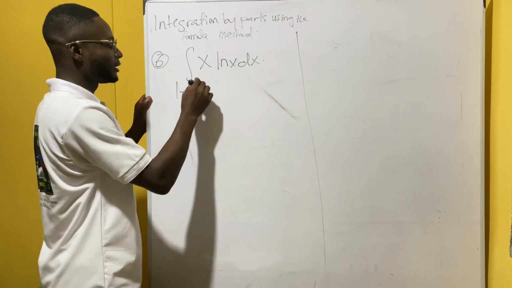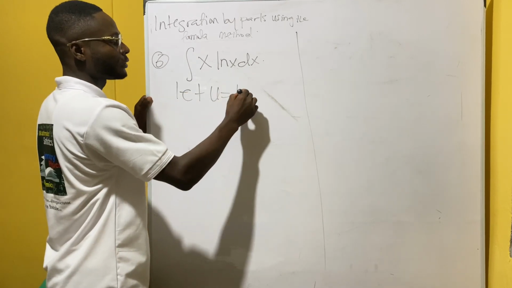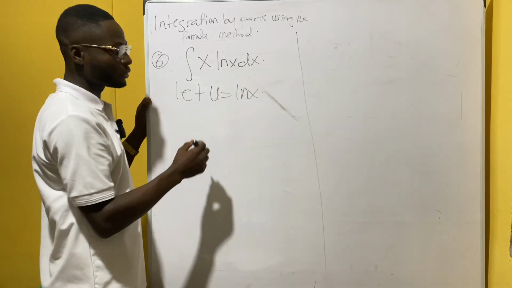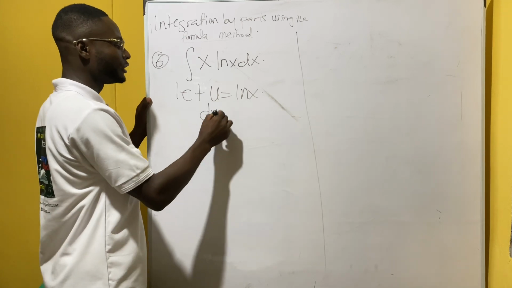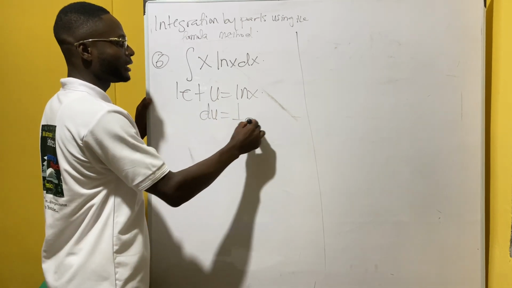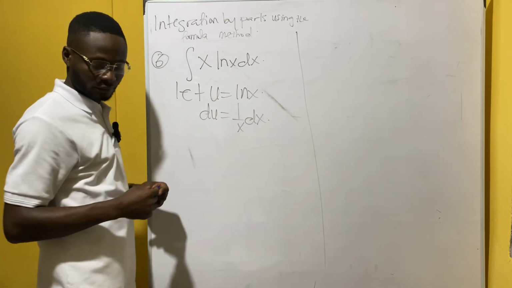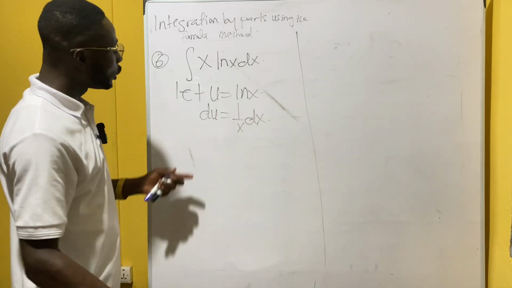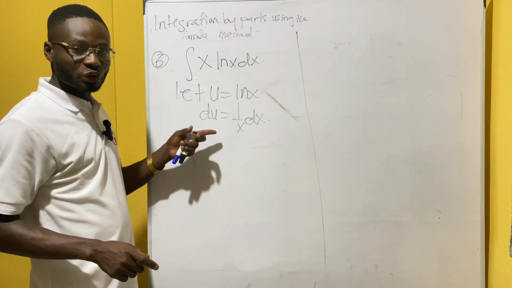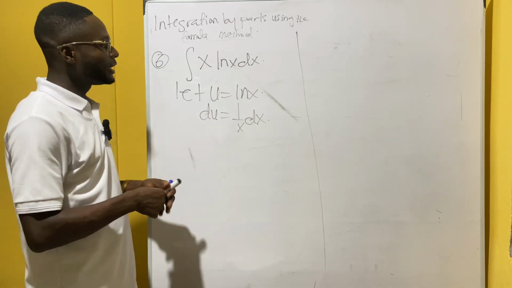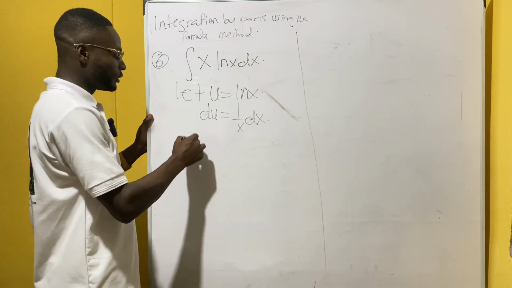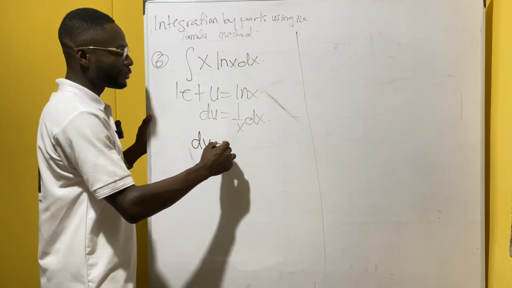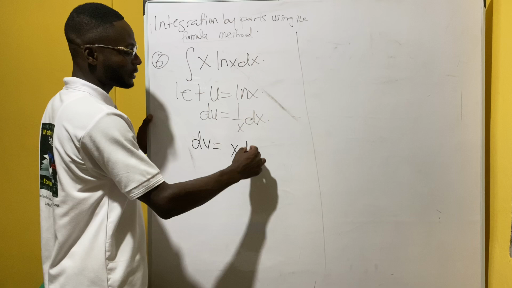Let your u equal ln x. So if that is true, then du is equal to 1 over x dx, right? So far as you have been able to choose your u, then you can say that your dv will be equal to x dx.